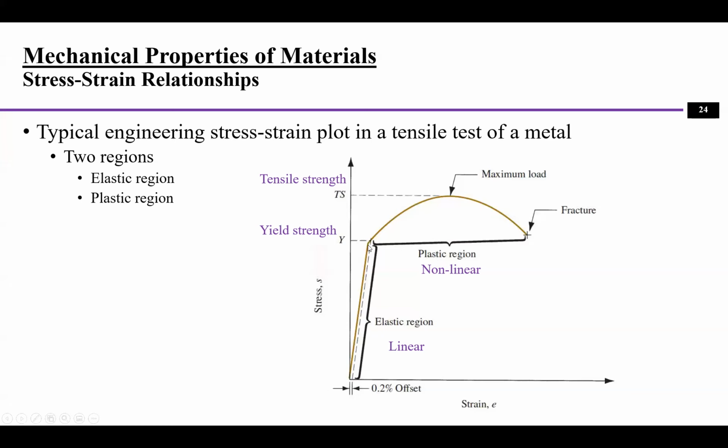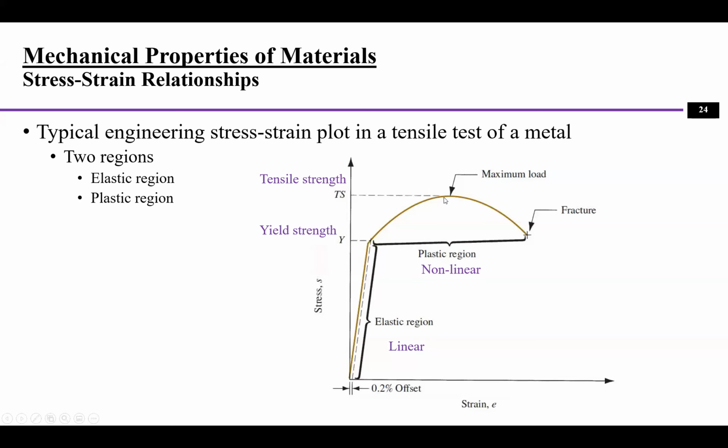When it reaches one point, which is the yield strength, there will be a plastic deformation, which means there's permanent deformation. Starting from the yield strength point, it follows this kind of curve until it reaches a maximum load point.